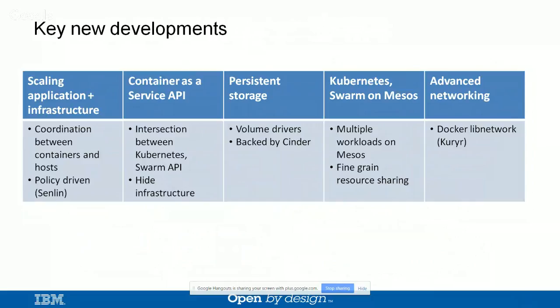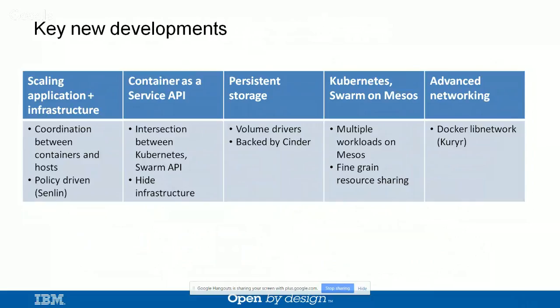So first on the left side is scaling, and we touched on this earlier. We have scaling that happens at the container level, in the sense that when your application has a lot of load, you can launch new containers to handle the load. But we also have scaling that happens at the cluster level, at the bay level.